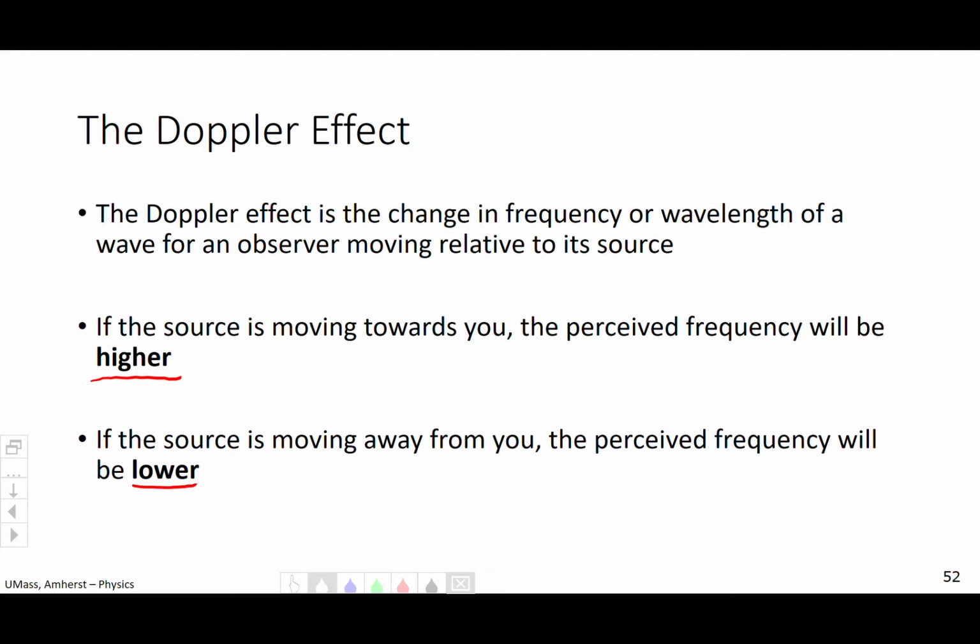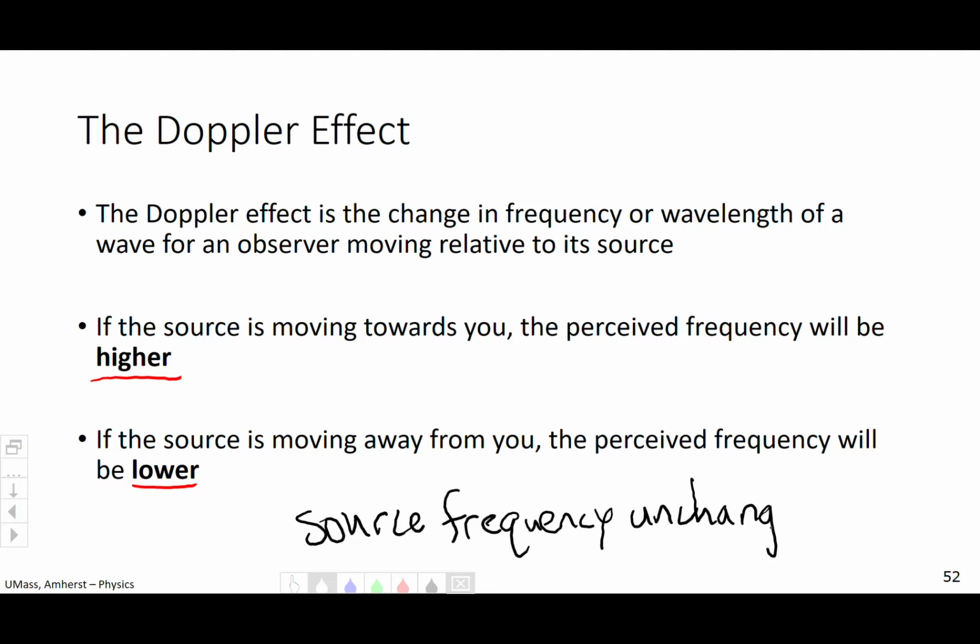The key here is that the source frequency is unchanged. So a fire truck has its siren on. The frequency of sound that the siren is producing does not change. It stays the same. It's only the observer who experiences a change in the frequency that they hear.